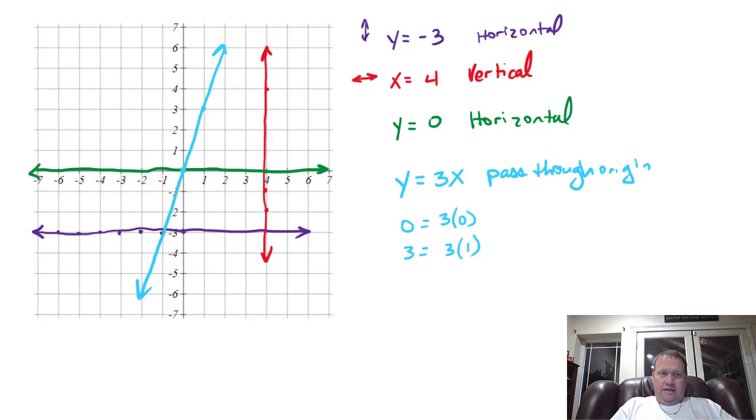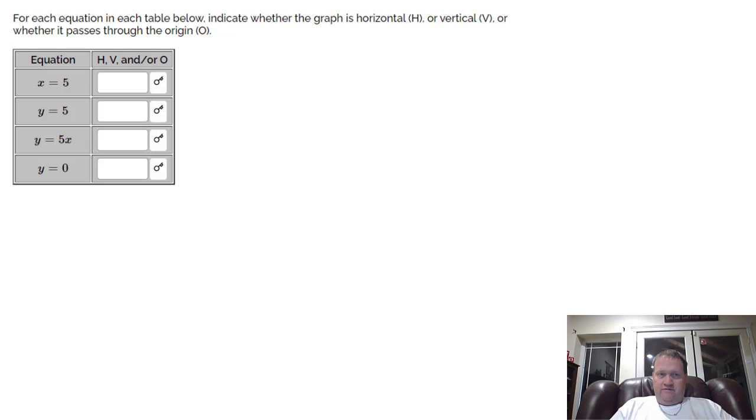So let's go take a look at this particular problem here. If you compare this back to what we just did, when x is 5, that just means go right 5. Okay, if I go right 5, I'm over here, and it's going to be a vertical line. If I was at y equals 5, that is up 5, and it's this line right here.